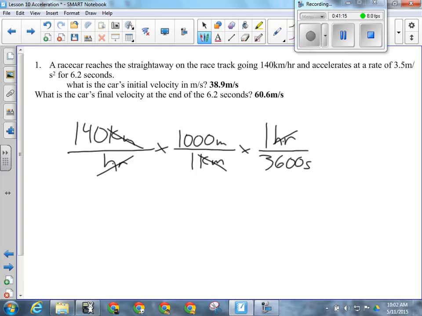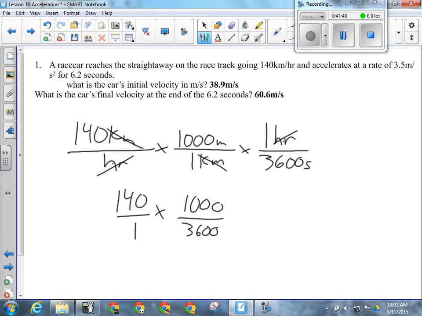Rather than look at that, I'm going to put these two fractions together: 140 over 1, multiplied by 1,000 over 3,600. If I did this in order, I would go 140 times 1,000 and then divide by 3,600.